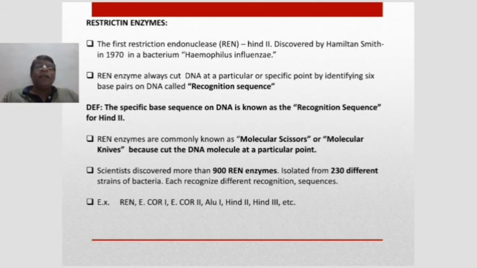Why these enzymes are called restriction endonuclease: because these enzymes cut the DNA molecule only at a particular point or at a particular site. Hence, called restriction endonucleases. These enzymes cut the DNA at a fixed place in the middle. That is why the name restriction endonuclease.